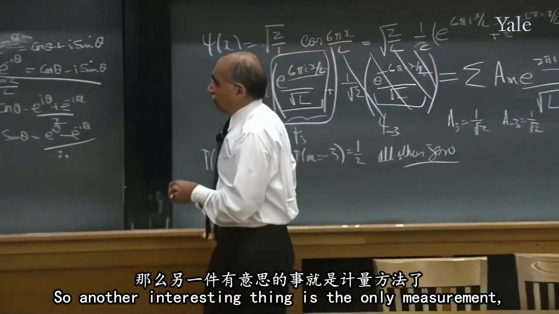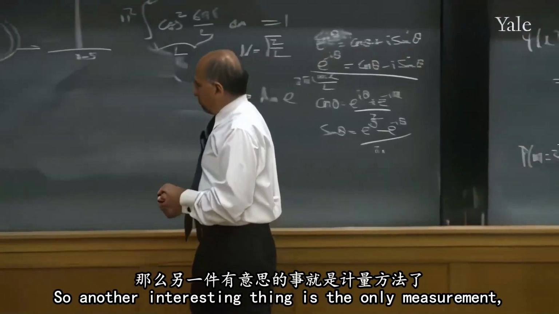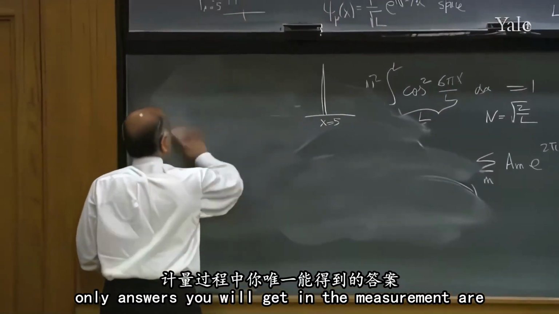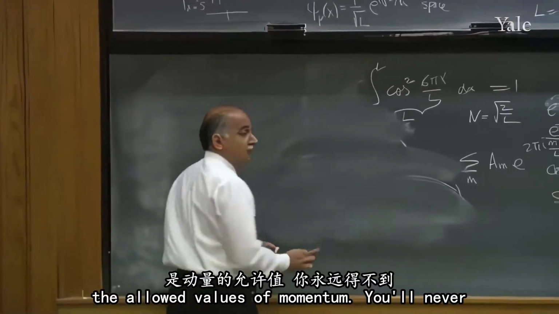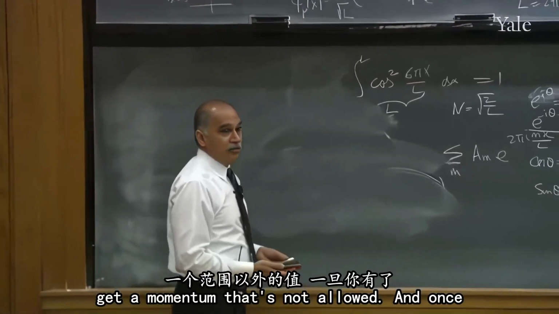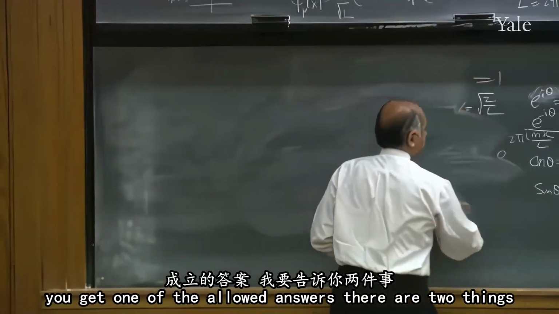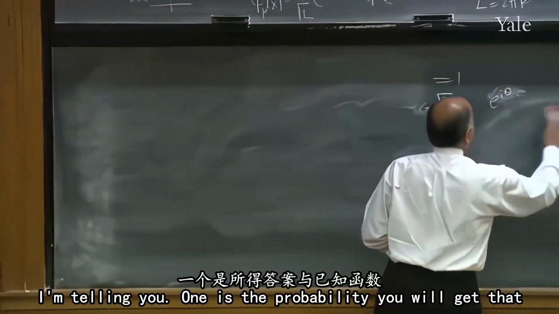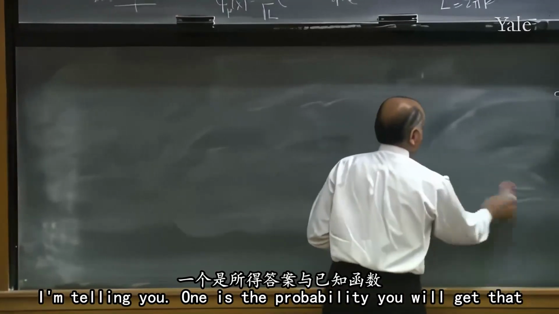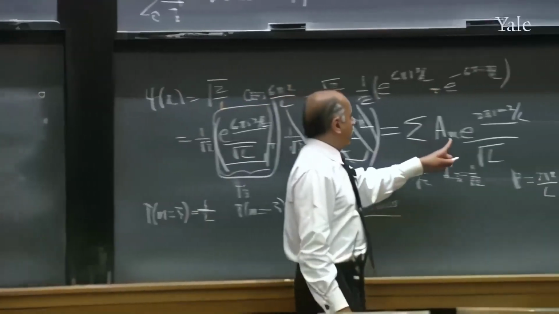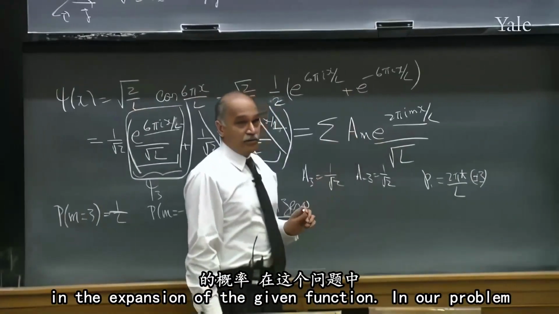So another interesting thing is the only answers you will get in the measurement are the allowed values of momentum. You will never get a momentum that's not allowed. And once you get one of the allowed answers, there are two things I'm telling you. One is the probability you will get that answer is proportional to the square of that coefficient in the expansion of the given function.